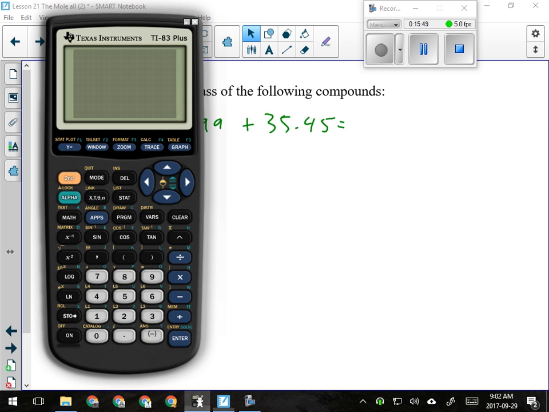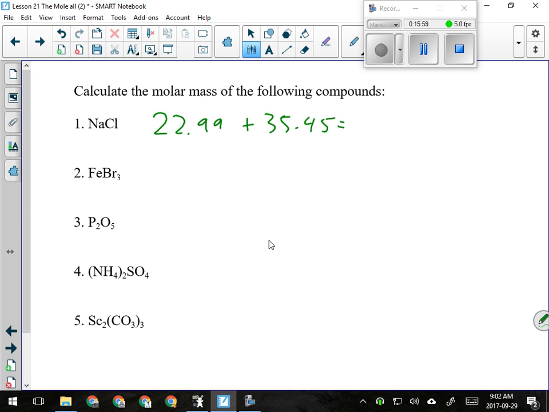When we add those together, we should get 58.44 grams per mole. And again, the units for molar mass are grams per mole because it's the mass of 1 mole.